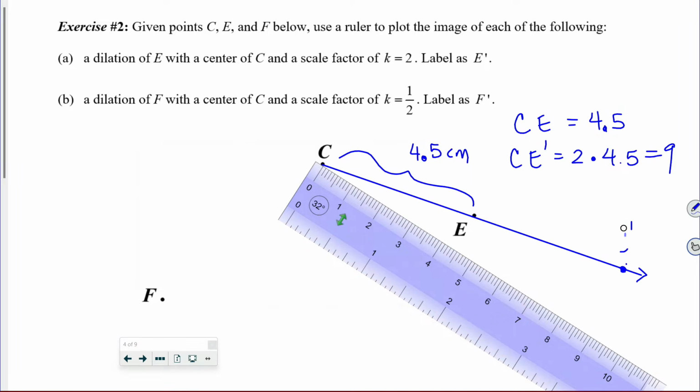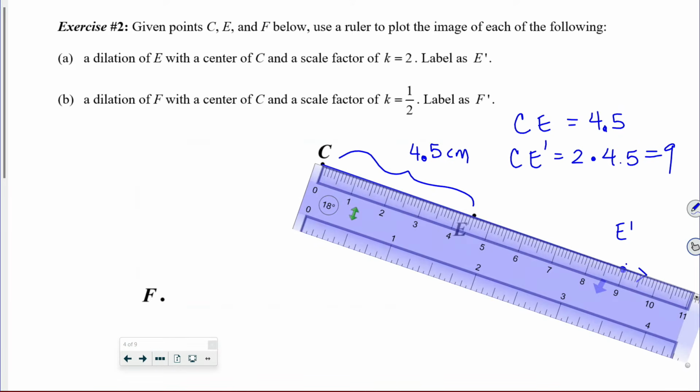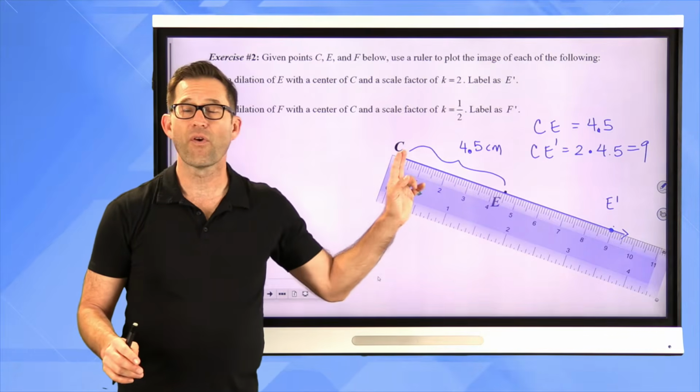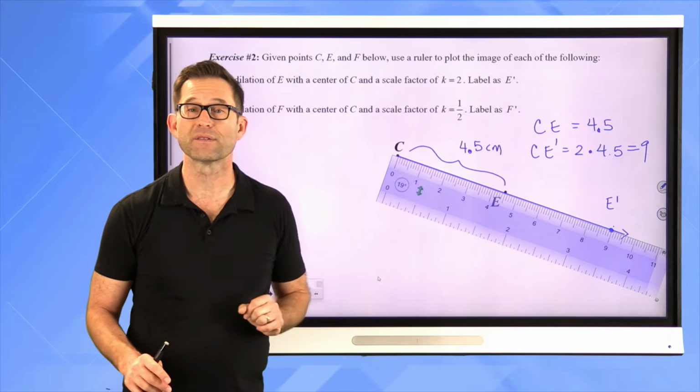Not C prime, E prime. I apologize. So E prime is twice as far from C as E was.